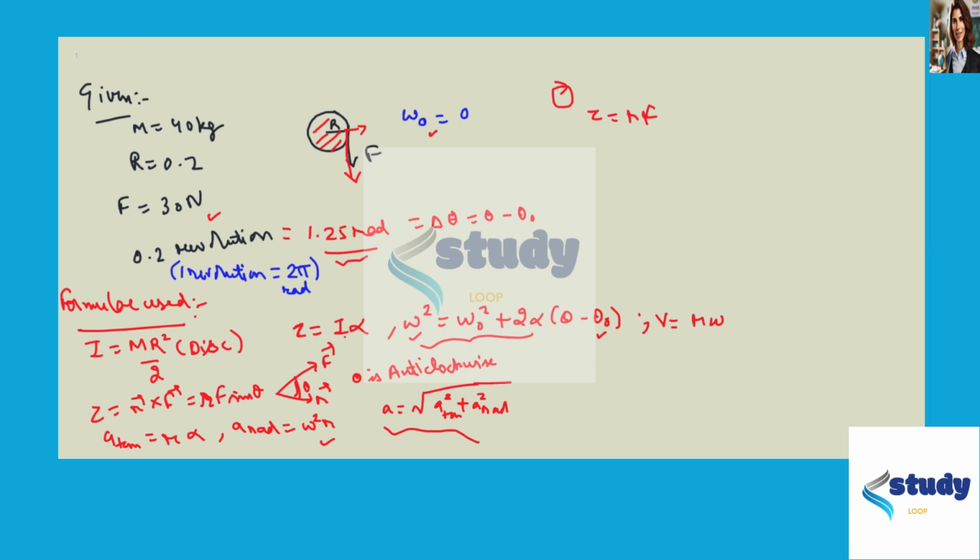We will find the tangential velocity first. Our first step is to find the torque. Torque is equal to rF, which is 0.2 times 30, so this is equal to 6 newton meter.